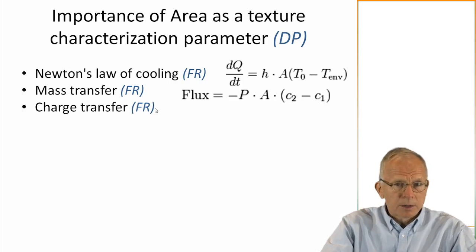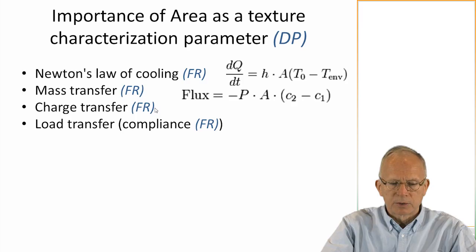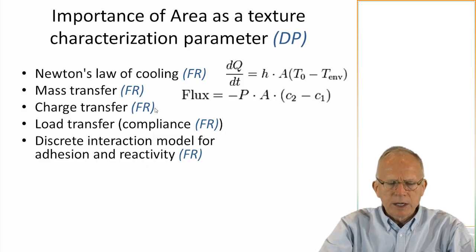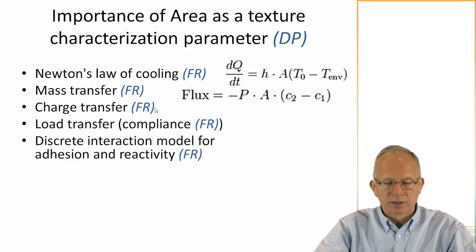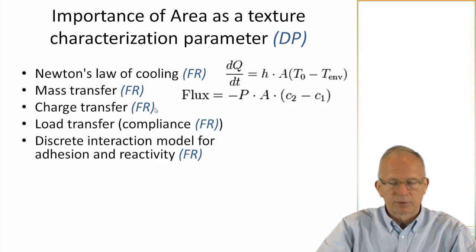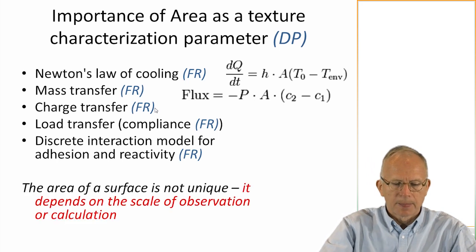Area should also be important in charge transfer for similar reasons. In load transfer and compliance, the area of contact is going to be important. And in discrete interaction models, we've worked on adhesion, and it would also make sense for reactivity. The more area you have on a surface, the more reactive it should be, and the more sites you have for certain adhesion mechanisms.